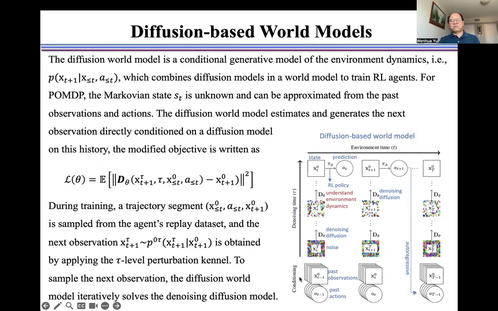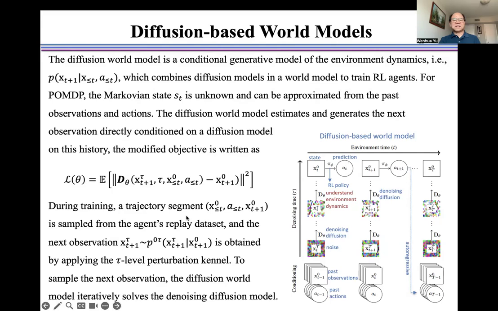The reinforcement learning agent is used for data collection, and the diffusion model is used to understand the environment dynamics. Reinforcement learning is used to find the optimal policy.